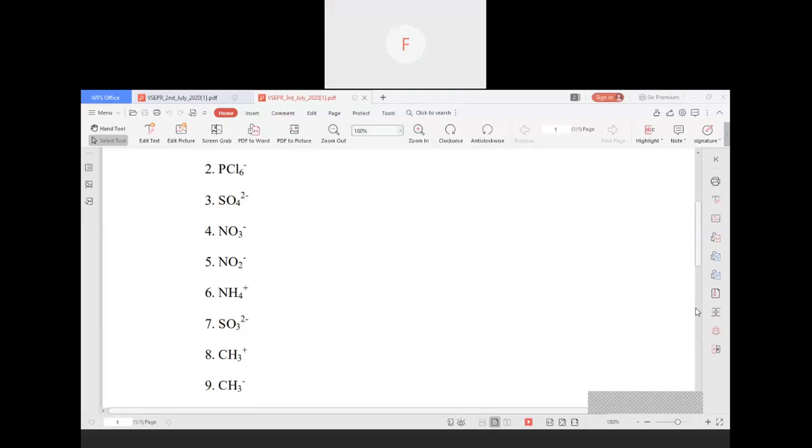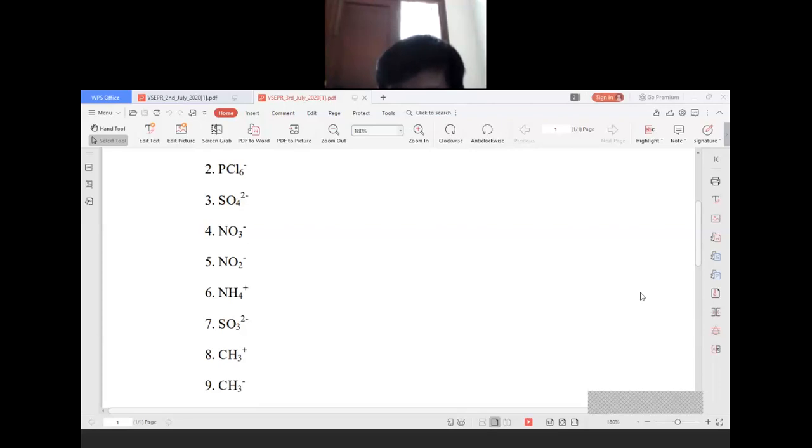The angle is 120 degrees, and the shape is trigonal planar. Yes, correct.